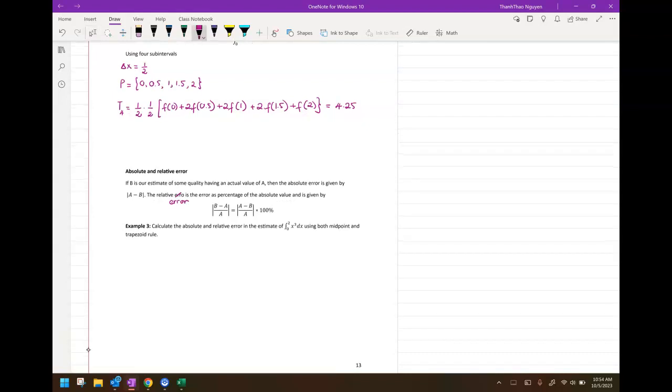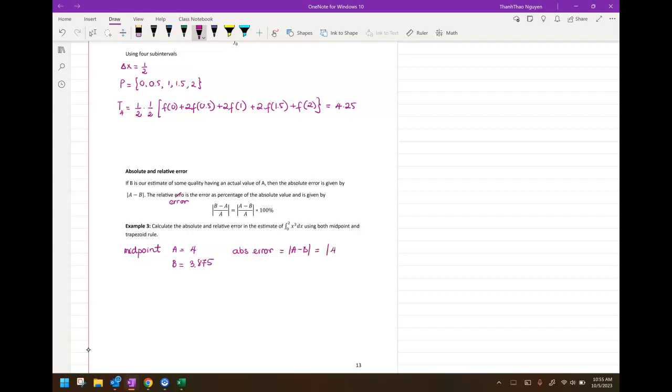So let's talk about the midpoint first. We know that the actual value here is equal to 4, and the estimated value was 3.875. Okay, so then the absolute error is equal to the absolute value of a minus b.